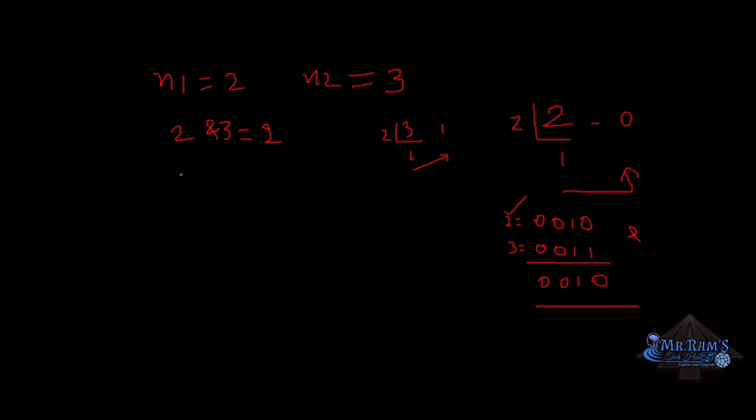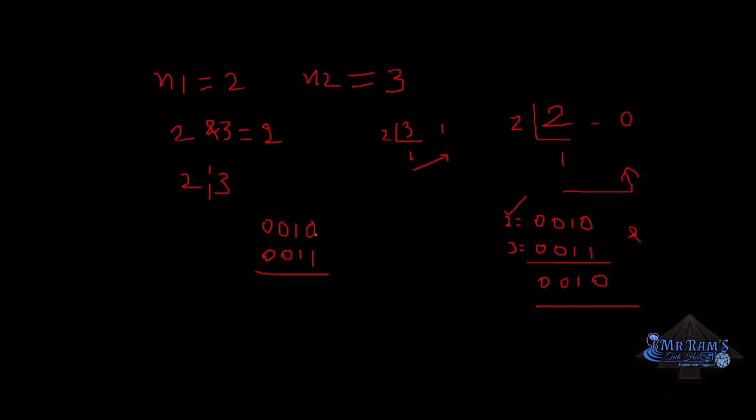Similarly, if you are doing 2 or 3, what will be the output? 0, 0, 1, 0 is 2 and 0, 0, 1, 1 is 3 in binary form.